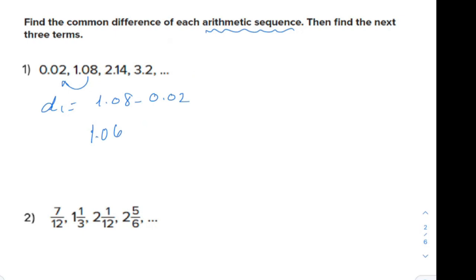Now, can we find the next three terms? Yes, we know that the last term given is 3.2. So this is A1, A2, A3, A4. So A5 is 3.2 plus 1.06, and we will find it. How much? Check with me. 4.26.